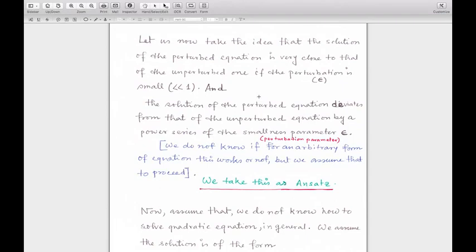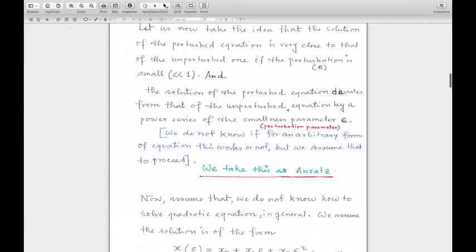You can say epsilon prime is 2 times epsilon, but you can take now epsilon as 0.01 instead of 0.02. That is the same thing, because 0.02 and 0.01 are of the same order. Okay, and then you can again consider this deviation to be small with respect to the unperturbed one.